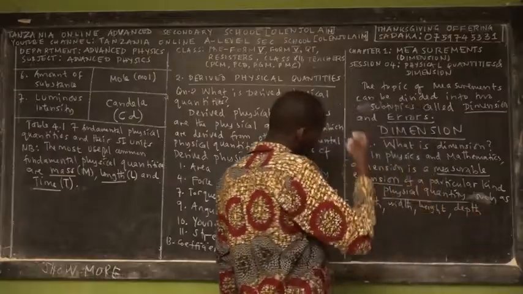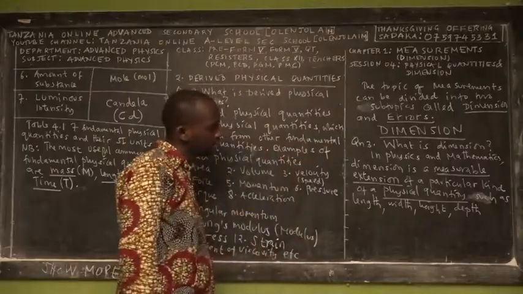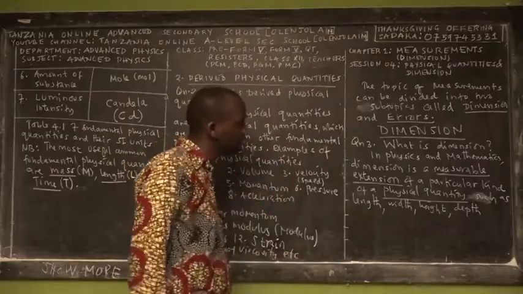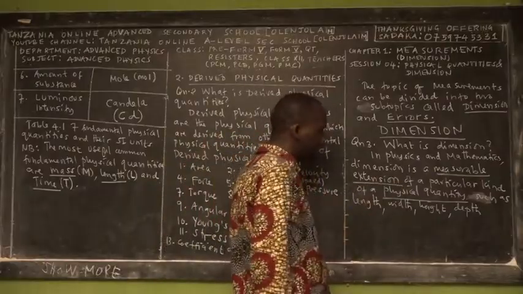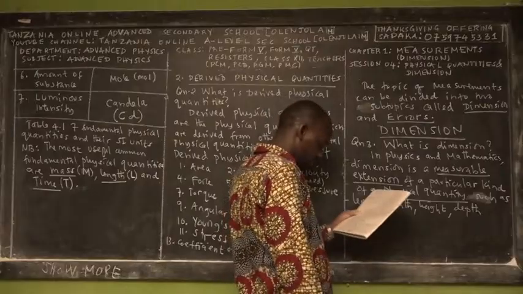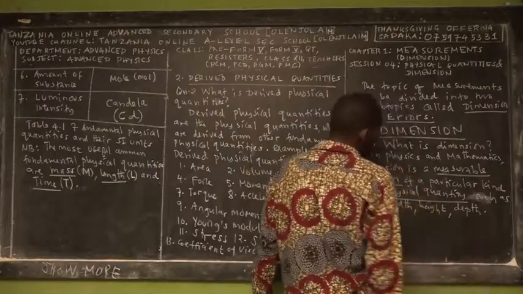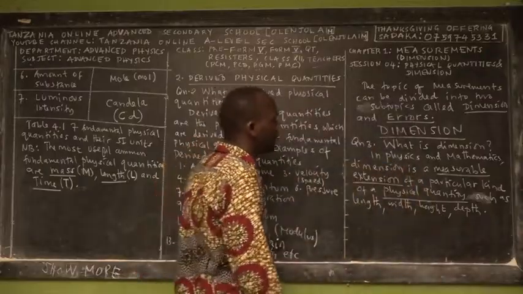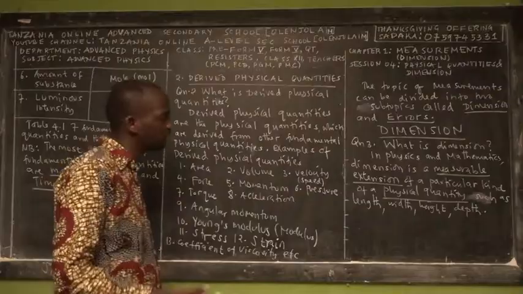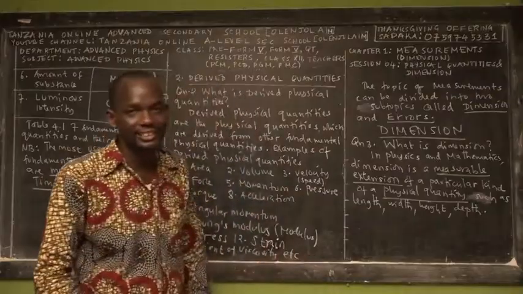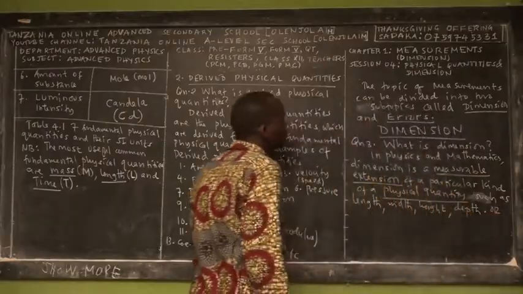These are the same physical quantity, which is called length, but you can have length, width, height, breadth, depth, etc. That is the first definition of dimension. So dimension is a measurable extension of a particular kind of physical quantity such as length, width, height, and depth.